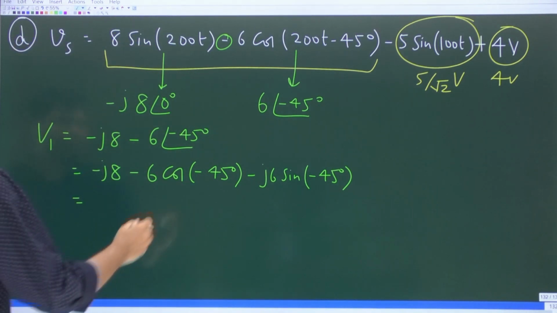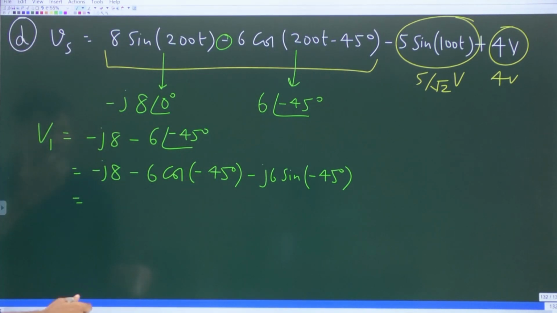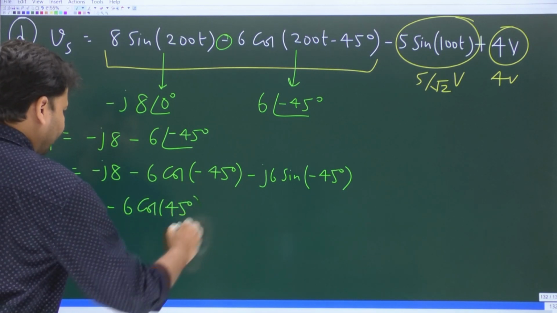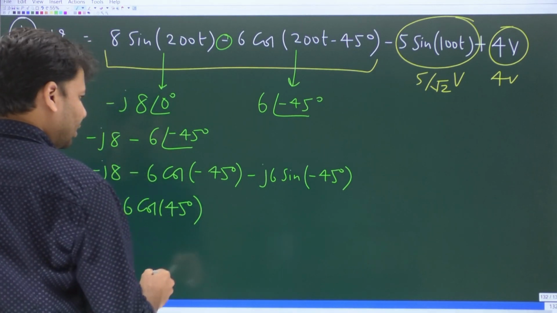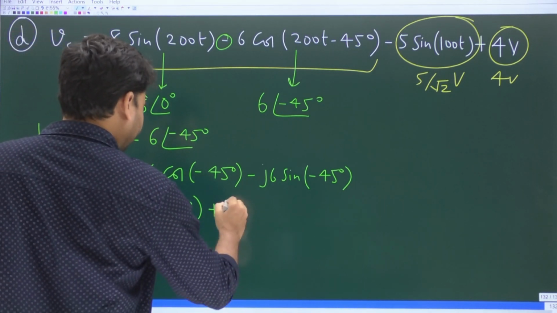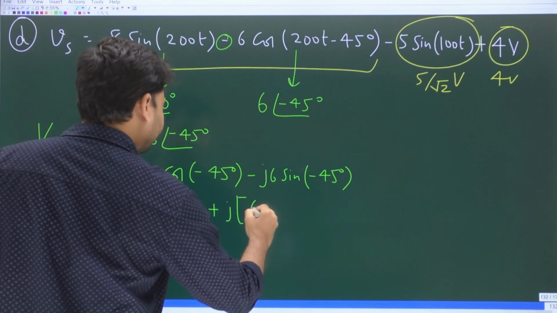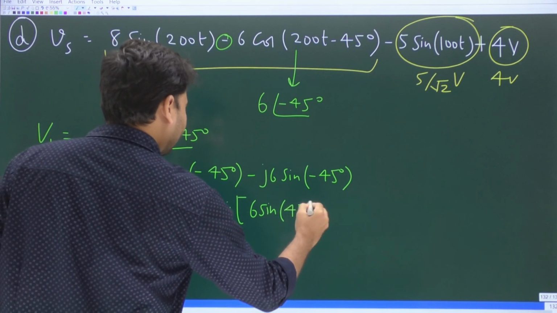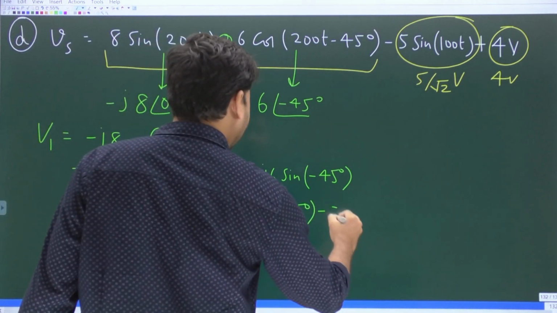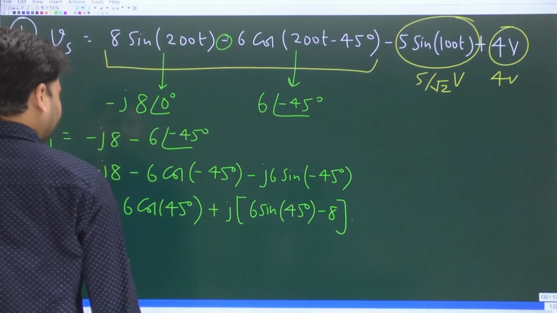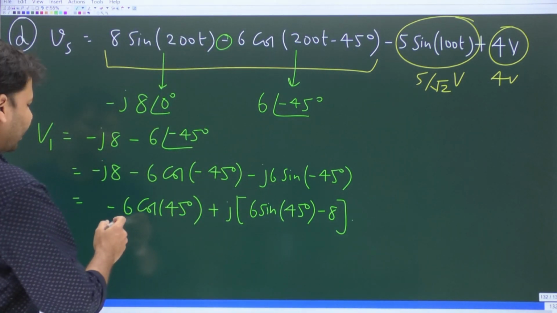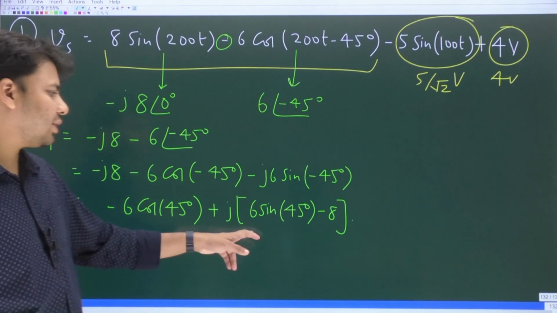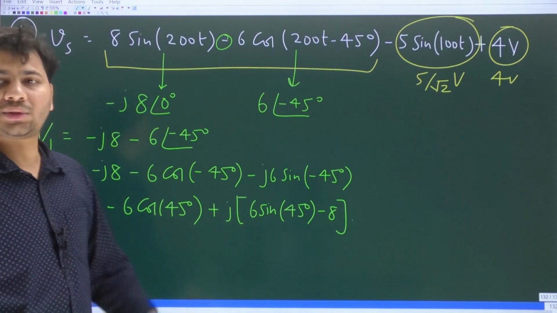Again, 6 cos(minus 45 degrees) is 6 cos 45 degrees, so the real part is minus 6 cos 45 degrees, and the imaginary part is j times (6 sin 45 degrees minus 8). Understood?